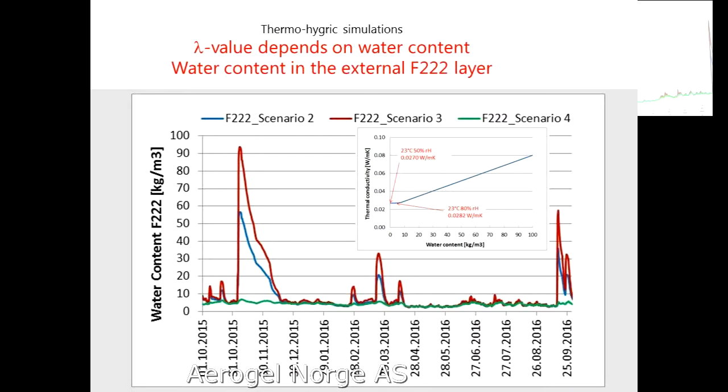And by applying a water repellent final finish, you can completely avoid the uptake of water inside the external aerogel layer, which is very important when you have weather conditions where you have a lot of driving rain.